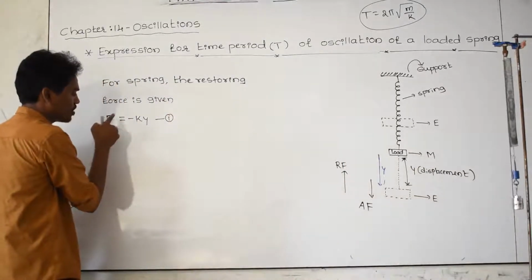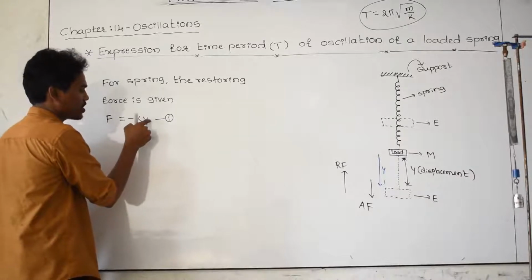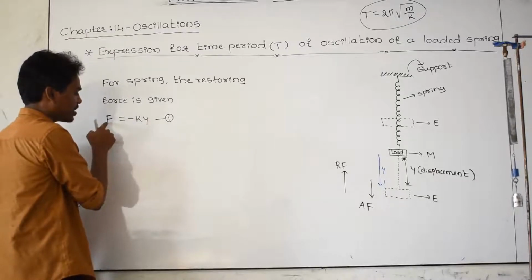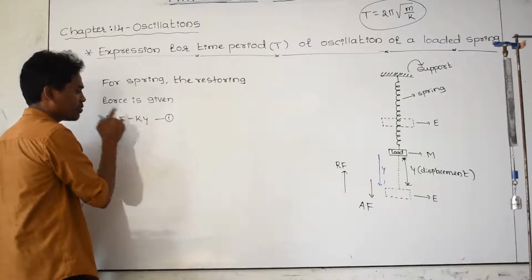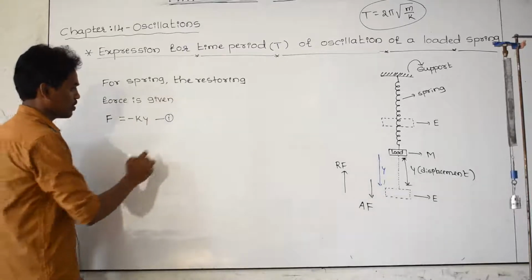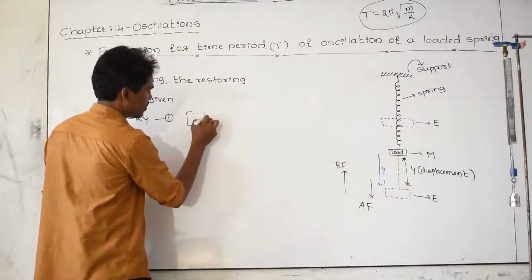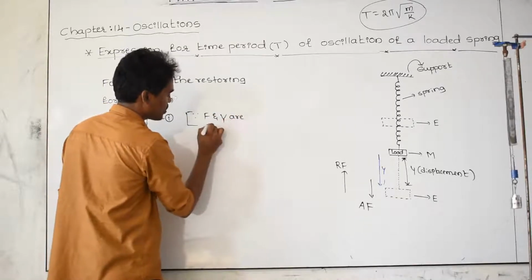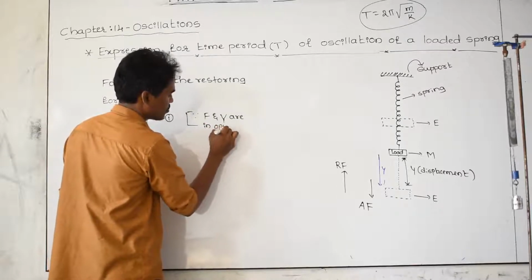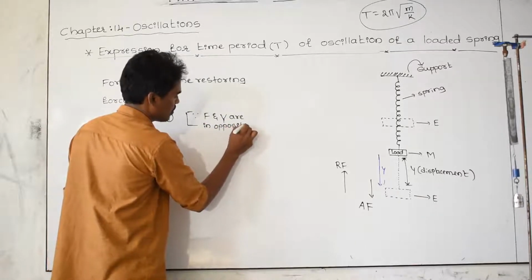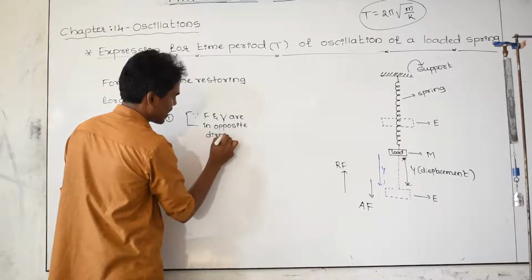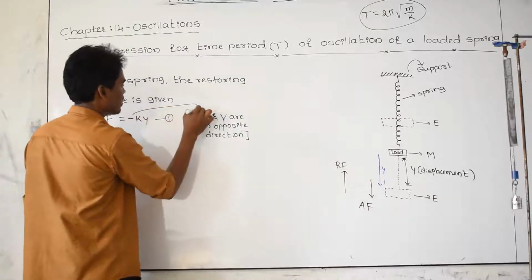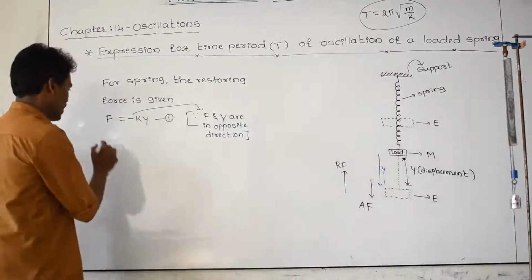Restoring force, spring force, displacement given by the spring, the minus sign indicating y and F, restoring force and displacement given by the spring, both are in opposite directions. Since F and y are in opposite directions, that's why the minus sign is indicated here. And this is the first case.